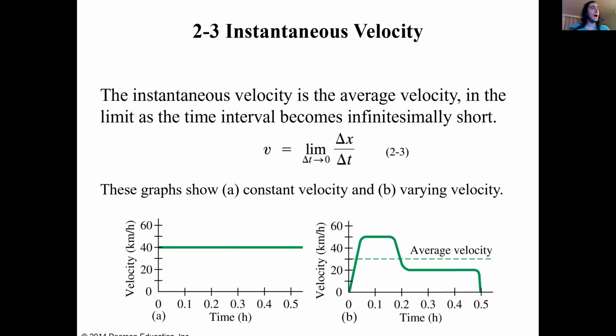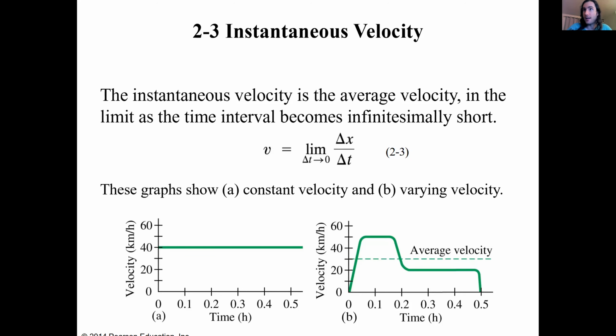And so on the left side, we have a graph which is showing a constant velocity, right? Not only is this the average velocity at all times, it is also the instantaneous velocity at all times. That is because the velocity does not change with time. As you can see, we have a horizontal line there.